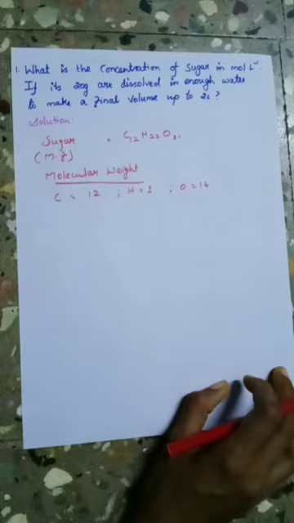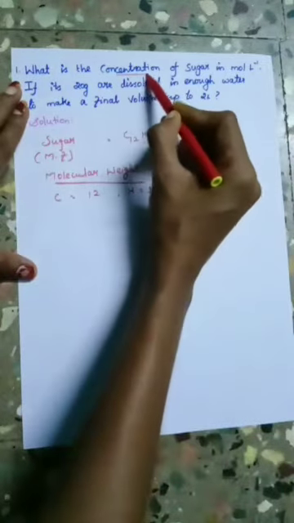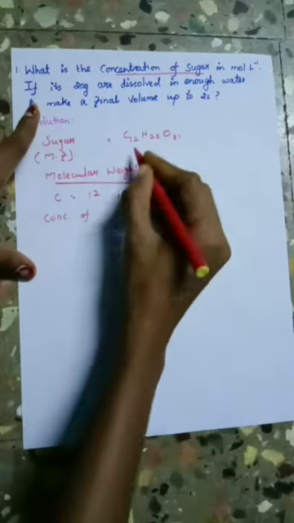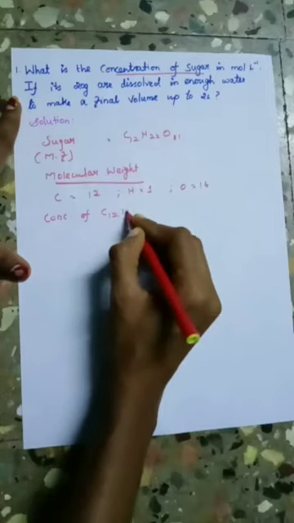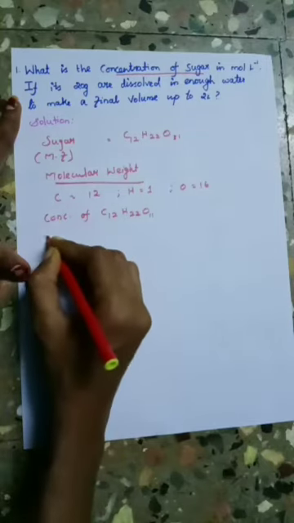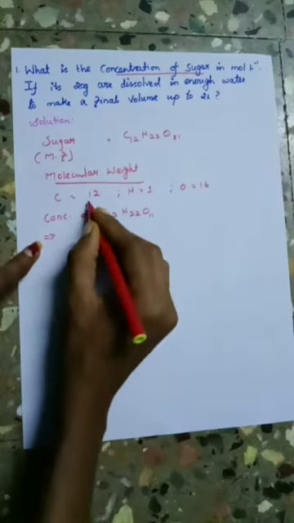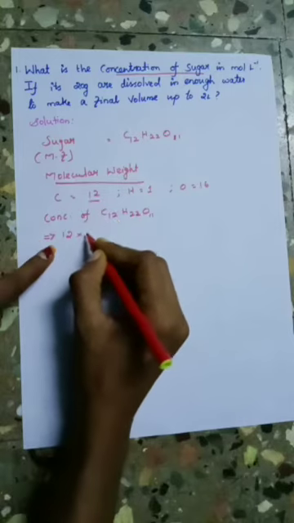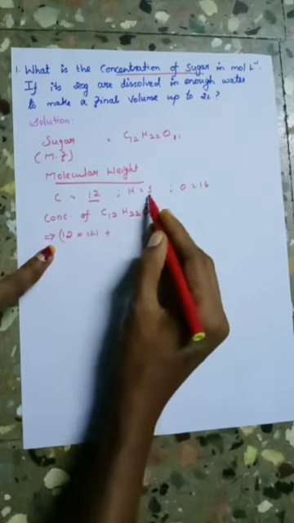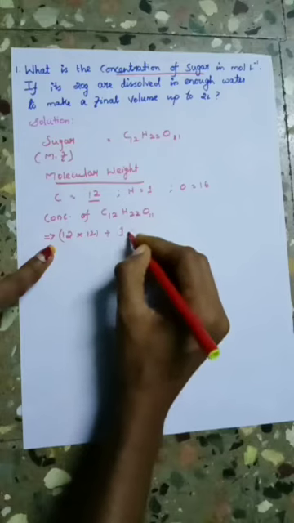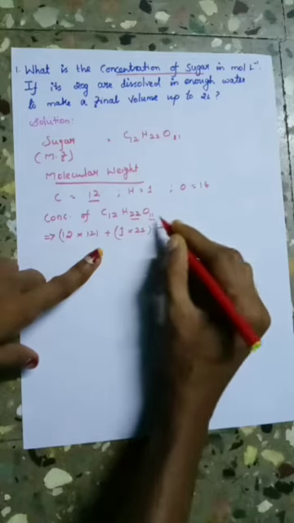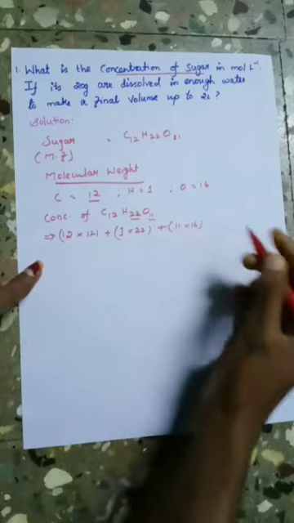Next, what do we have to find out? We have to find out the concentration of sugar. The molecular formula, I will write, C12 H22 O11. So C, which means carbon, molecular weight is 12, plus for hydrogen they have given 1, so 1 multiply 22, plus 11 multiply 16.